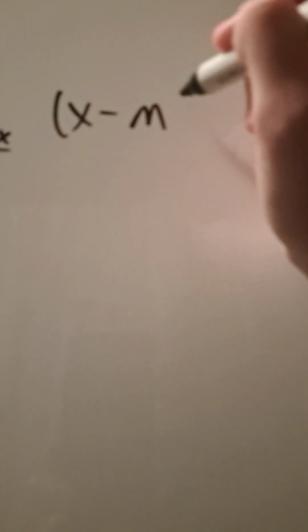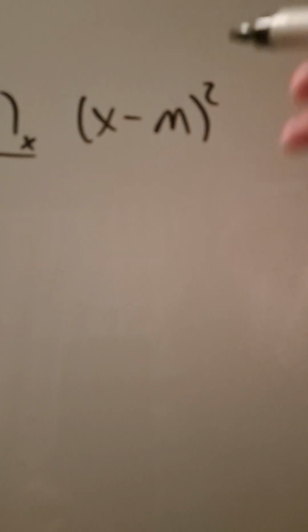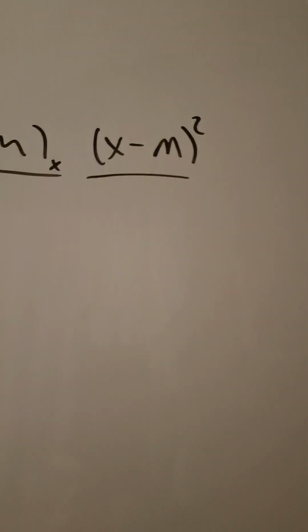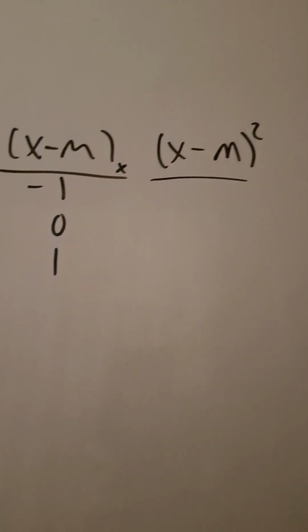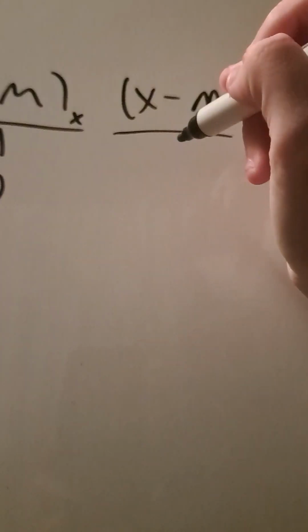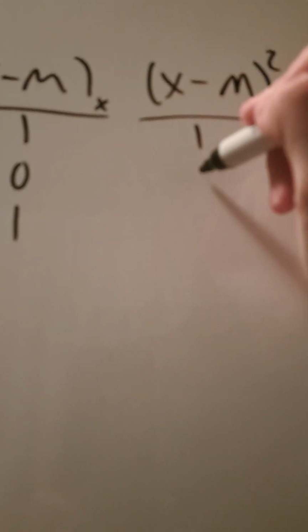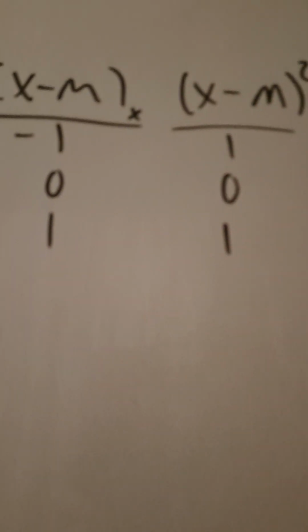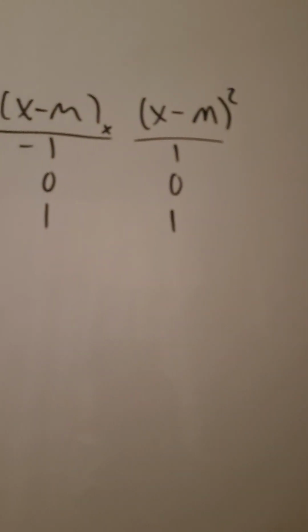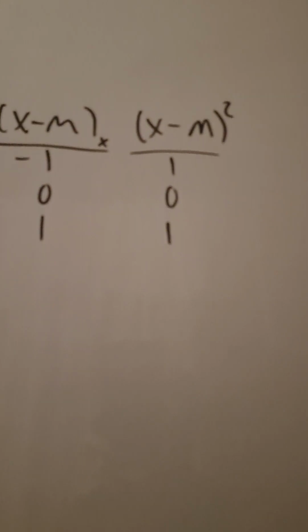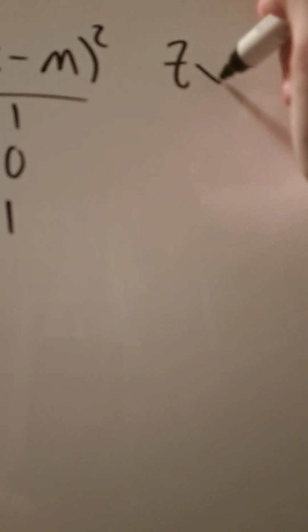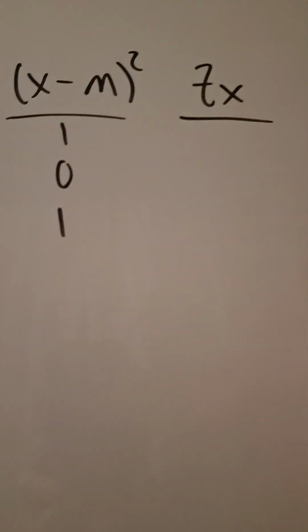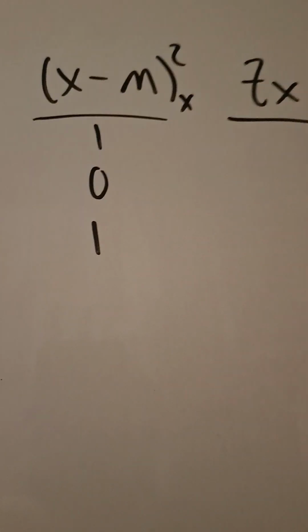We have to get rid of those negatives. So we're going to square our deviation scores. And when you do that, you're going to end up with 1, 0, and 1. All right, and at the end here, for our last column, I'm going to put z of x. And these will be deviation scores of x as well.